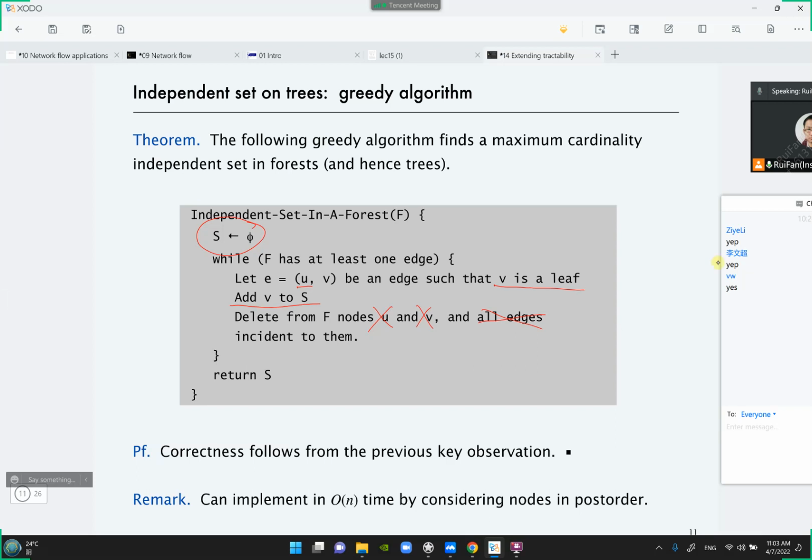After that you just continue doing the same thing: you find another leaf, you add it to your set S, and then you take out the neighbor U of this new leaf, and you also take out all the neighbors of this new U node.